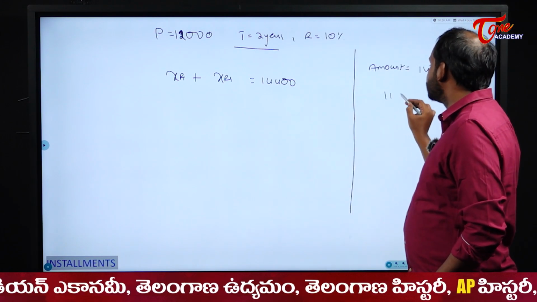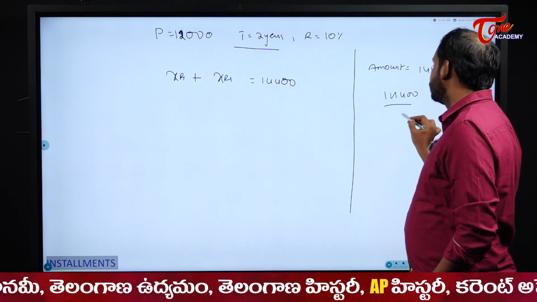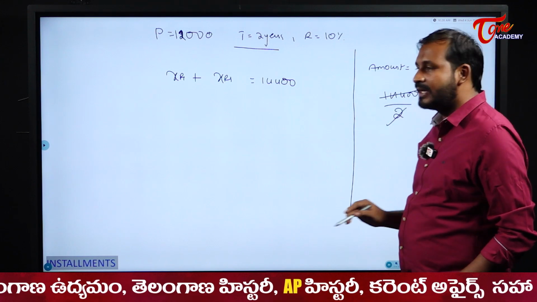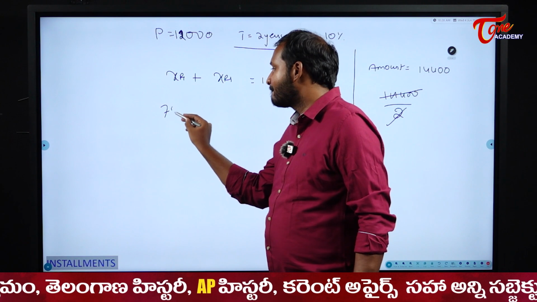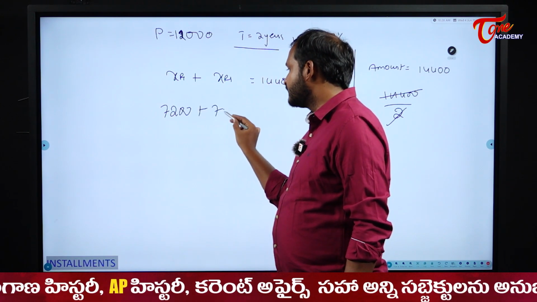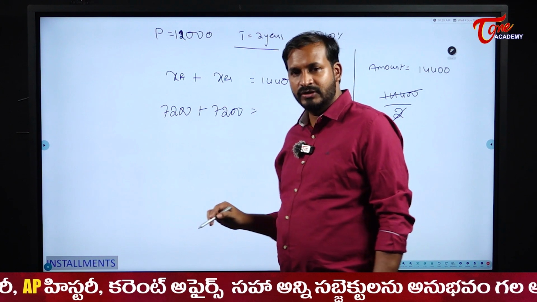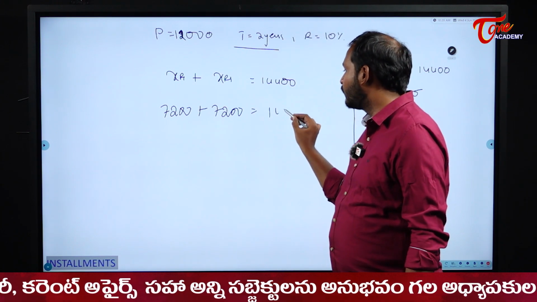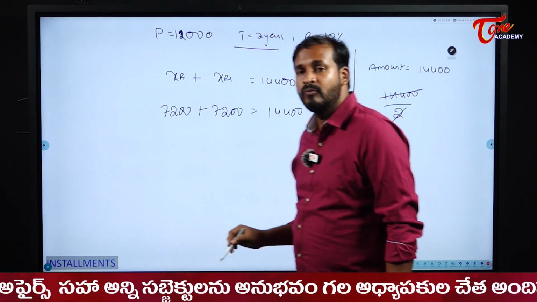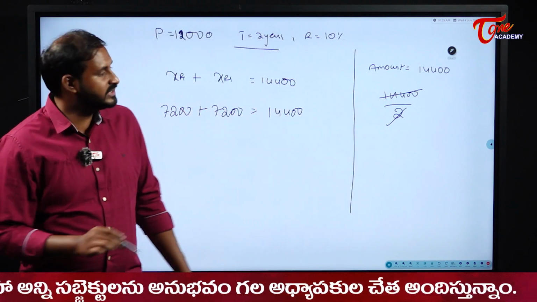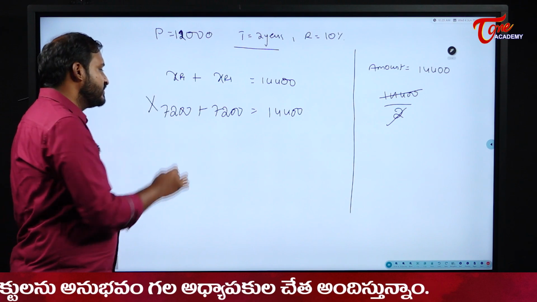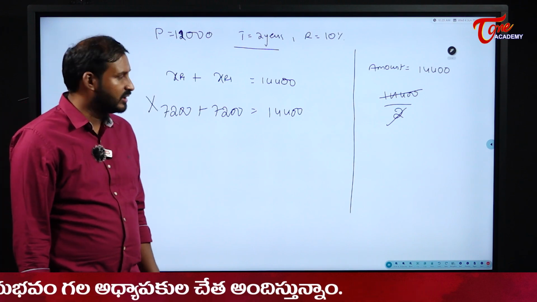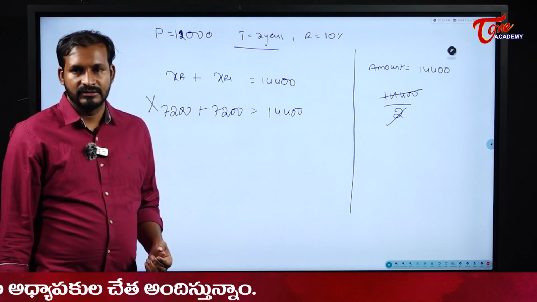So 14,400 by 2, that means every year I will pay him 7,200. That means for 2 years it will amount to 14,400. This is how most of the students think. But this is completely wrong, students. Why is it wrong? This is a wrong concept.